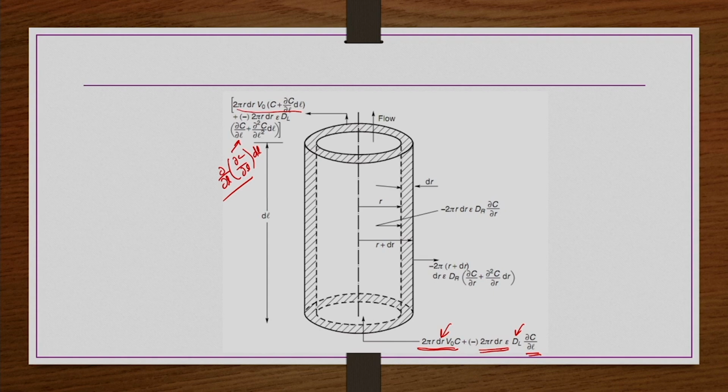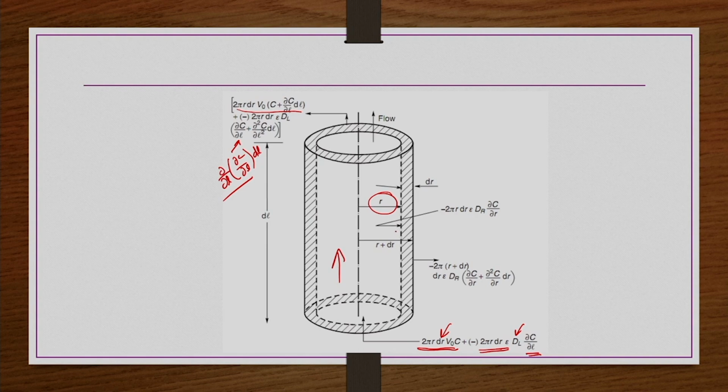Now, this is in the axial direction. In the radial direction there is no convection, the bulk flow is there only in the axial direction. So, the rate of material entering because of bulk flow will not be there in the case of radial components. In the radial direction we have only diffusion, or the molecular mechanism, taking place.